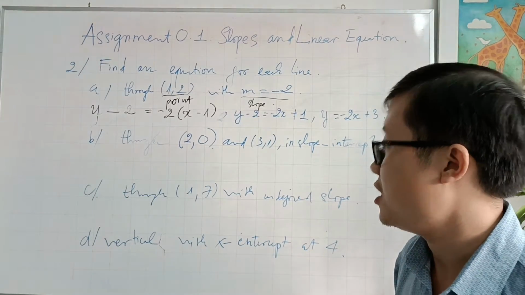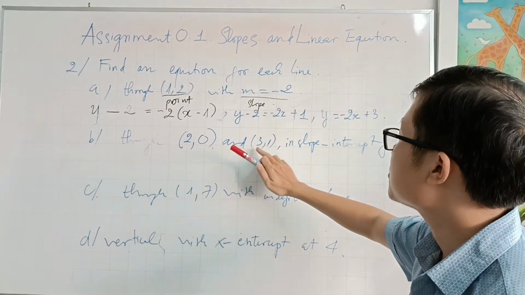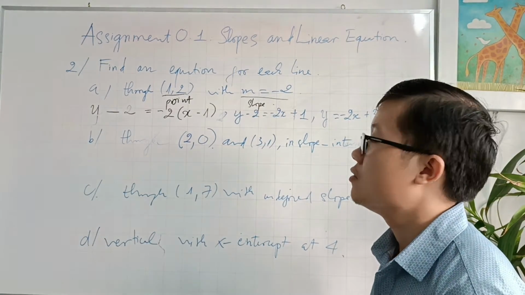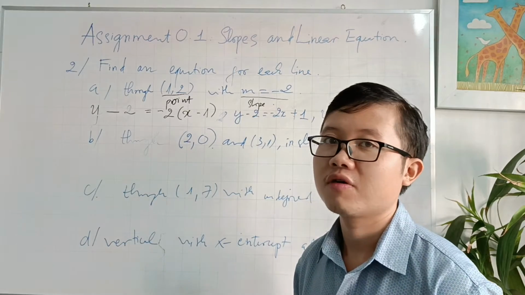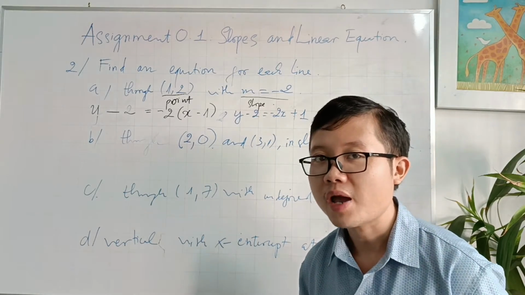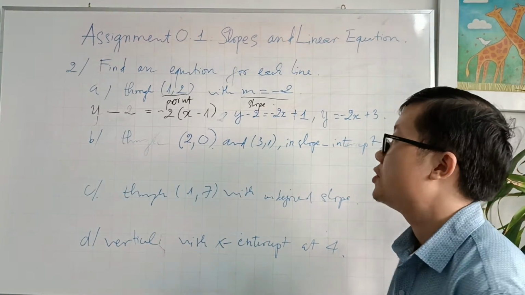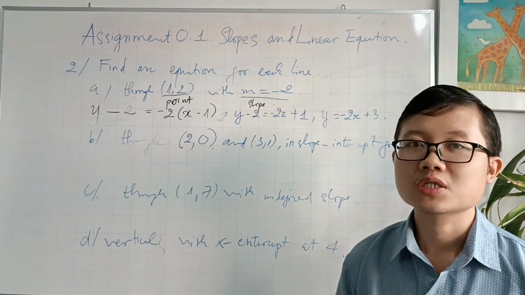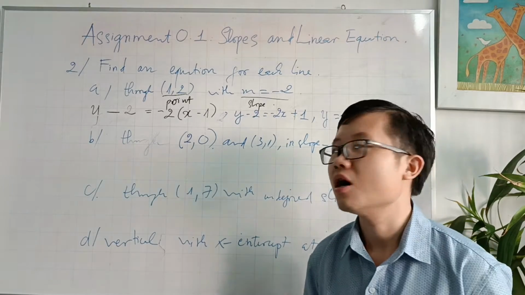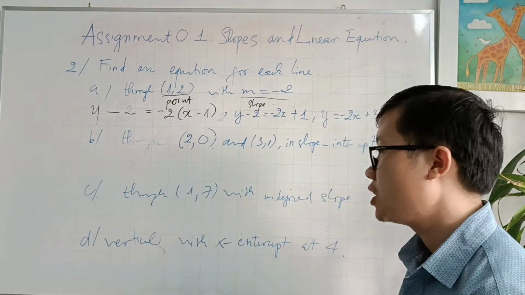We move to question B. Through the points (2, 0) and (3, 1) in slope-intercept form. So we have 2 points. We have 3 forms of linear equations: point-slope form, slope-intercept form, and general form. So when you do your exercises, if you don't have the general form, you just expand both sides of the point-slope form or slope-intercept form.